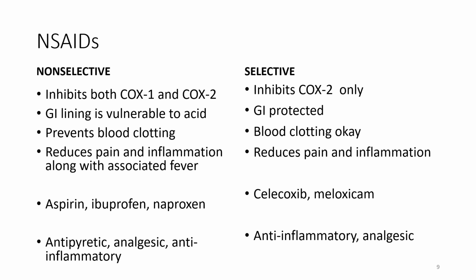So again, your selective NSAIDs are going to be for your chronic patients. Selective would also most likely be taken for menstrual cramps. That way you're not inducing any of those other side effects of the non-selectives.